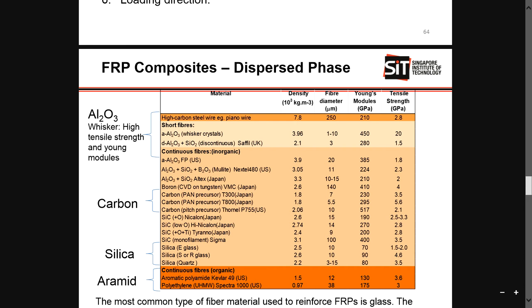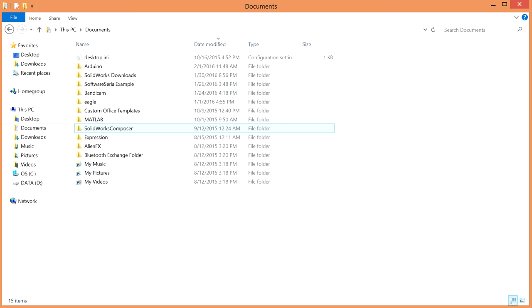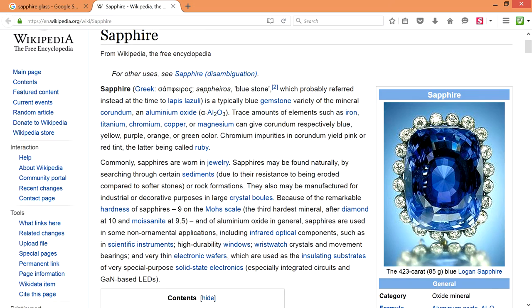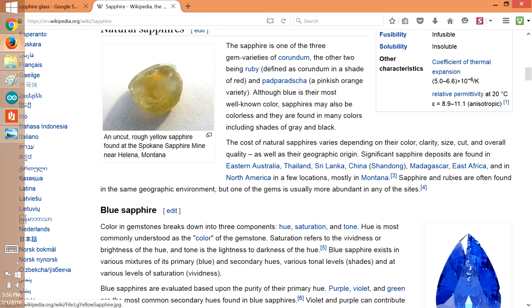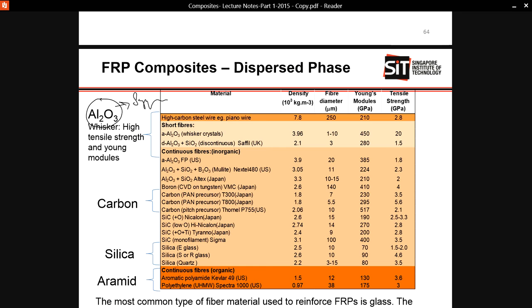Over here, this one is aluminum oxide. In other words, this material, you need to know, is sapphire oxide, sapphire glass. If you search Google, you'll get to see this thing, like a sapphire. It has high tensile strength and Young modulus.